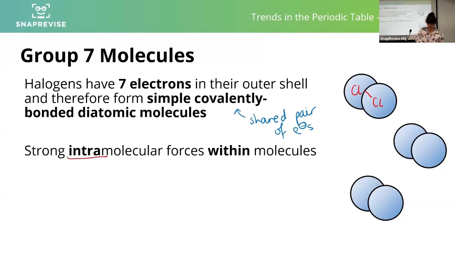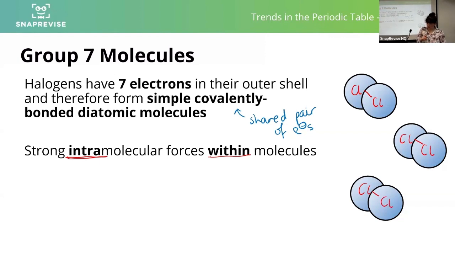intramolecular forces. So if you are at university, you may have intramural sports or intra-house competitions, and that is within your house or within your department or whatever. So intramolecular means within molecules. So these intramolecular forces or intramolecular bonds are, in this case, covalent, between our chlorine atoms.